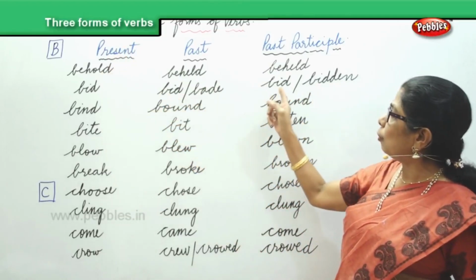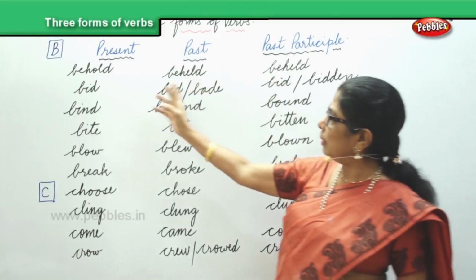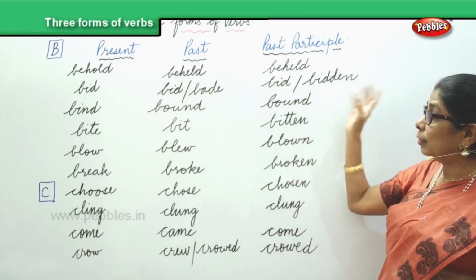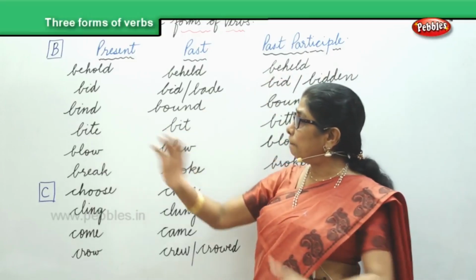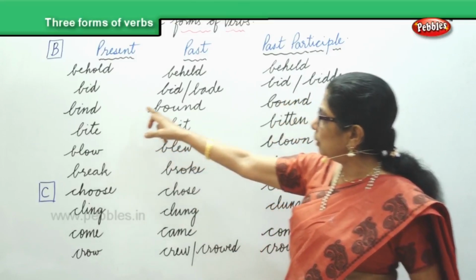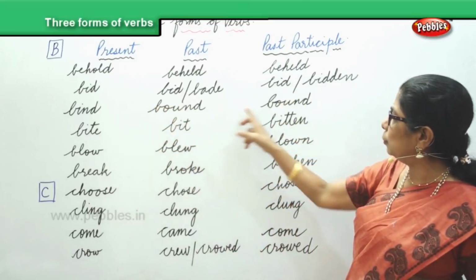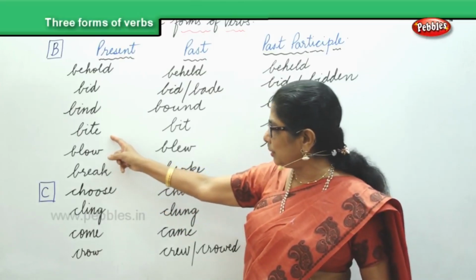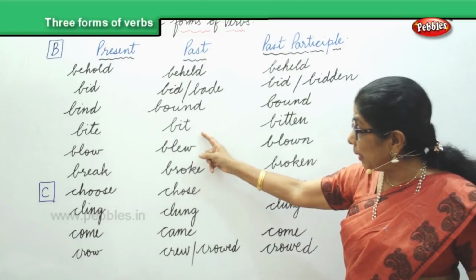It is bid for all the three forms, but here you can say bid, bade, and bidden. You had bidden goodbye to someone. Binding something, your wound. Bind your wound. The nurse bound up your wound. Again for the past, it is bound.